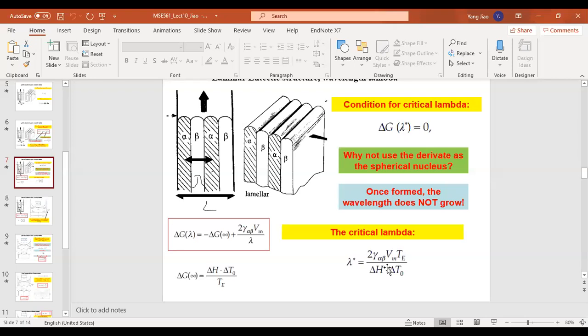Okay, so that's that, and we clearly see again you have this 1 over delta T naught dependence of lambda star. This means that if you have a much larger supercooling, you can afford a smaller lambda star, which again is easier to form by fluctuations, right? So that's nucleation. I hope this is very clear.